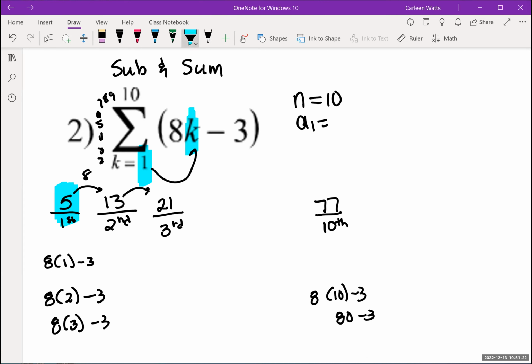It's not the N, it's the answer you got when you plugged in 1. Does that make sense? A1 is 5. What is A to the last one, right? What does A sub 10 equal? Correct. Anyone else see it? 77.